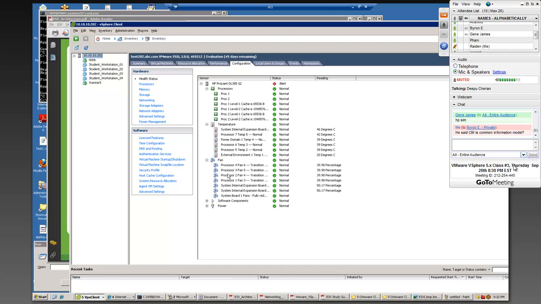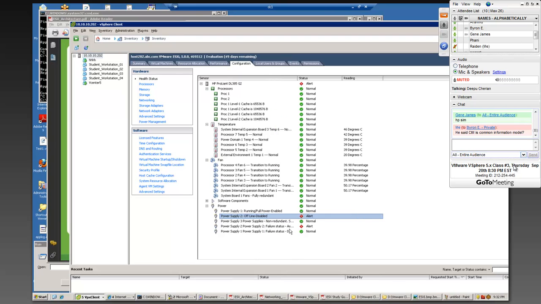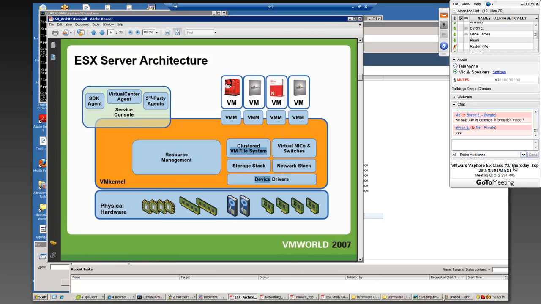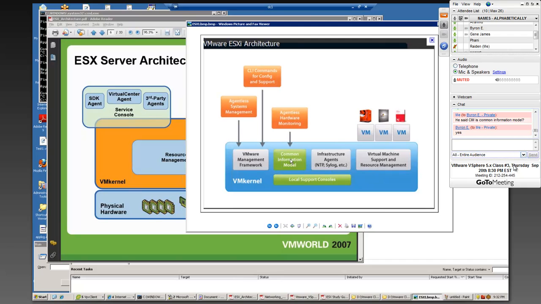How is this ESXi server able to see the fans of your hardware? How is it able to detect the power? See, it says that one of the power cords is off. That is why I am getting that alert message here, because one of my power supplies is down. The ESX server knows that through this CIM model. It is able to talk to the hardware using that.